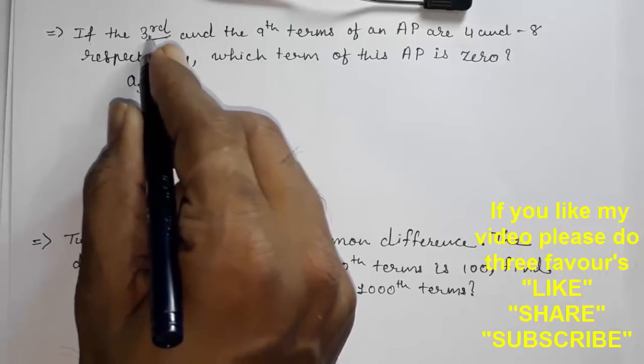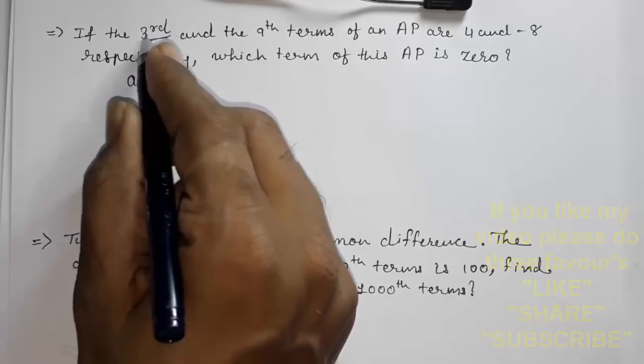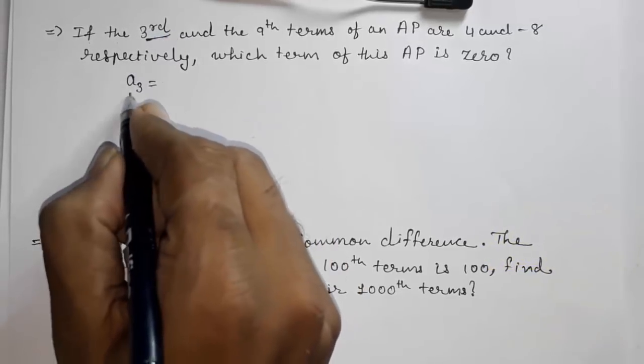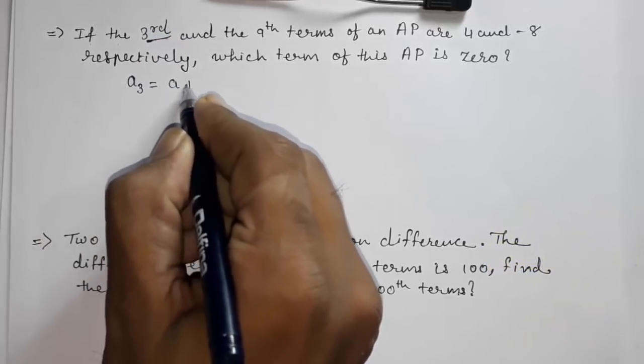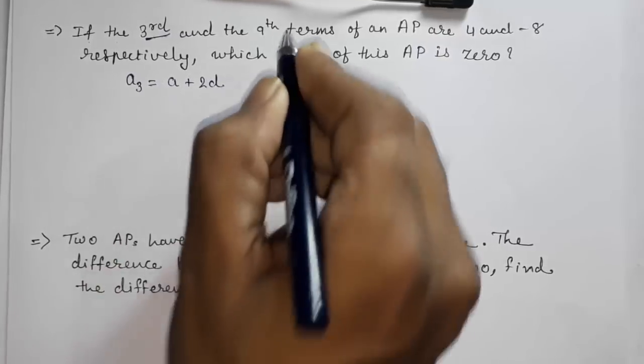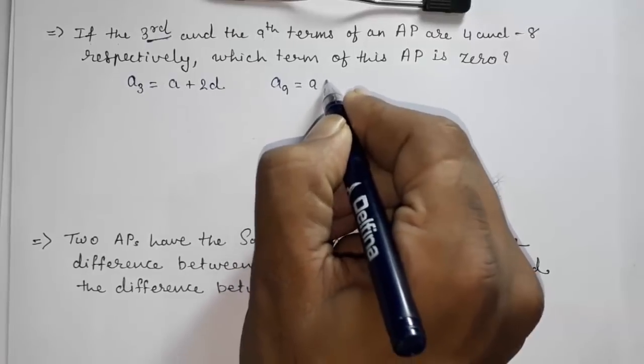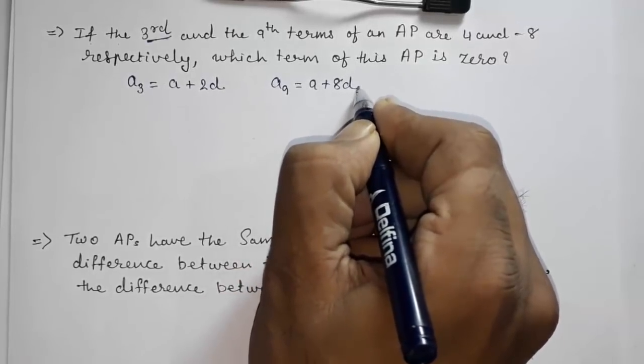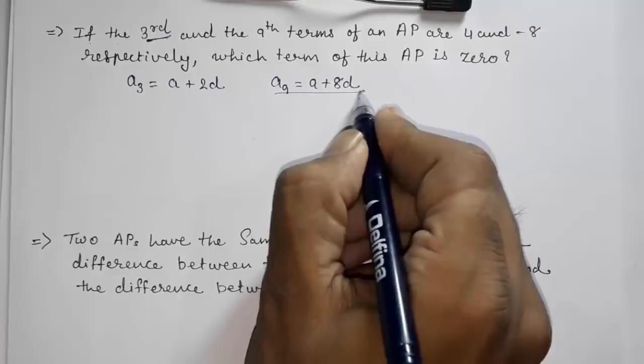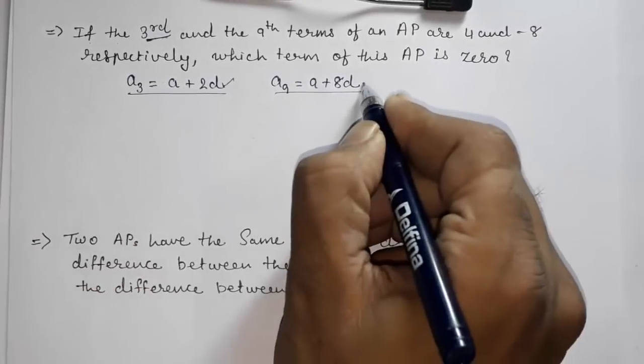What will be our n? 3. So 3 minus 1 becomes directly 2. So directly we can write a3 is equal to a plus 2d. And for the ninth term, a9, directly we can write a plus 8d. This is the shortcut that we can use every time.